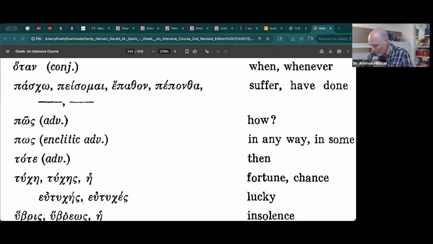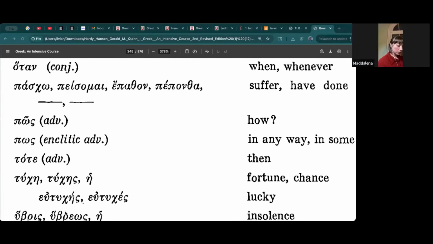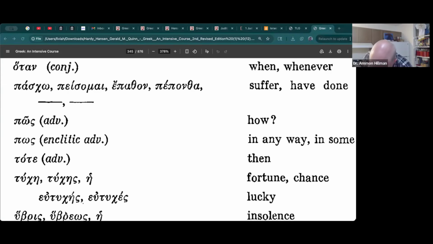So, look at temporal clauses on page 319. Look at those temporal clauses. Just take a bird's eye view. You've got 1, 2, 3, 4 examples that end on page 322. That last example on 322 is a future more vivid, right?